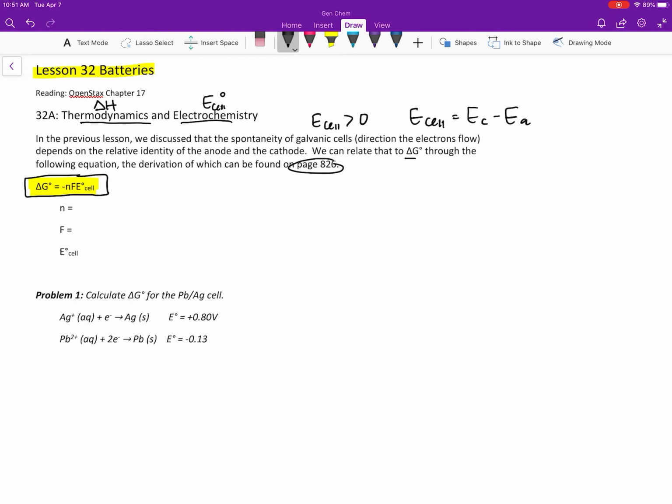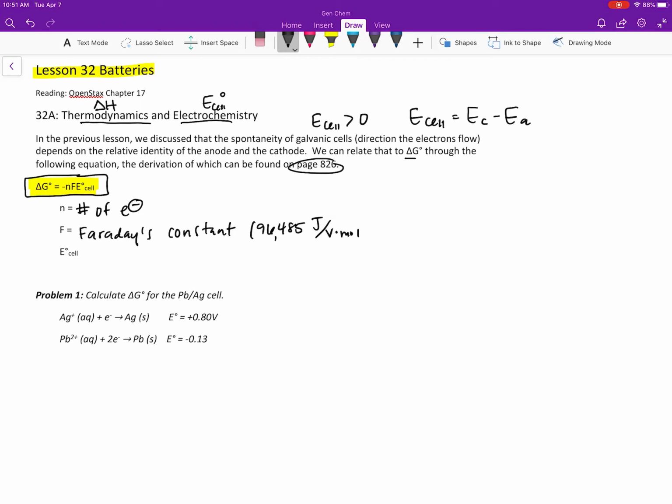Okay, so n is going to be equal, not moles in this case, but the number of electrons being transferred: 1, 2, 3, 100. F is called Faraday's constant, and this value is 96,485 joules per volt times mole.